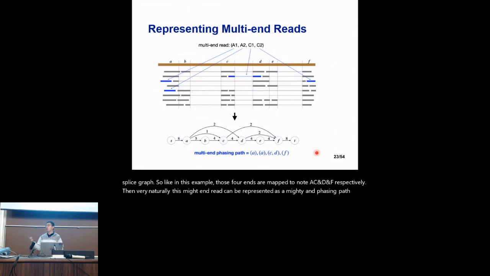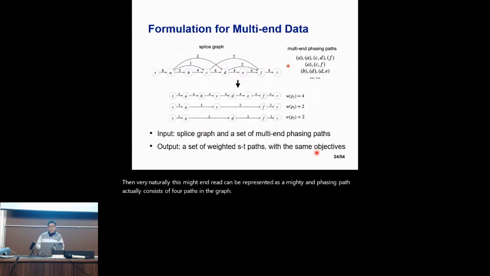Actually, it consists of four paths in the graph. So the assembly of multi-end data can be formulated in this way. Again, the input is a splice graph and a bunch of multi-end phasing paths, and the output would be the same: s-t paths and their expression abundance.